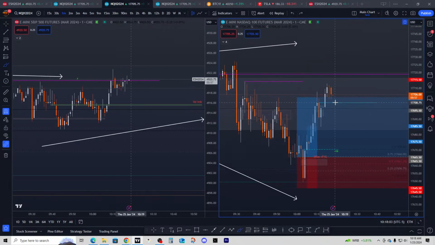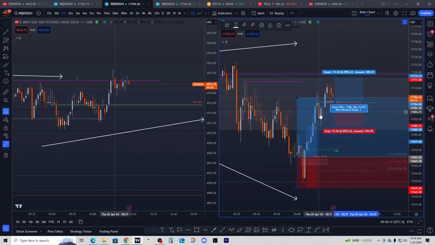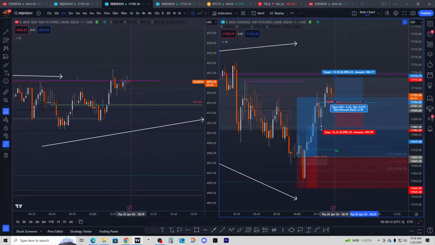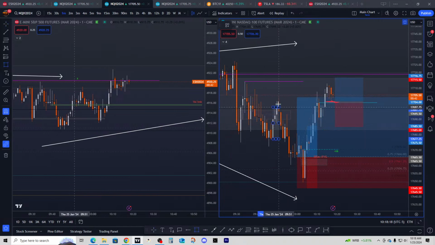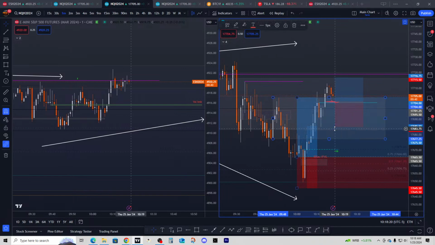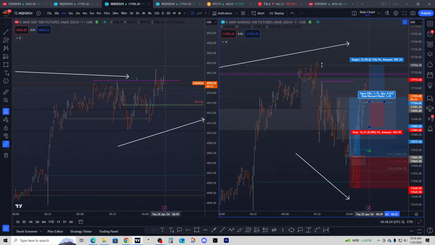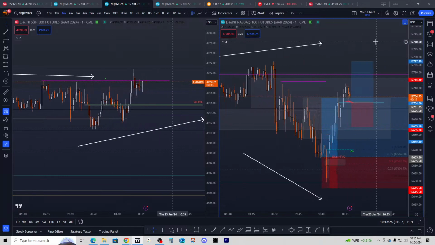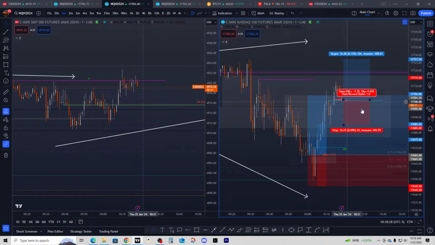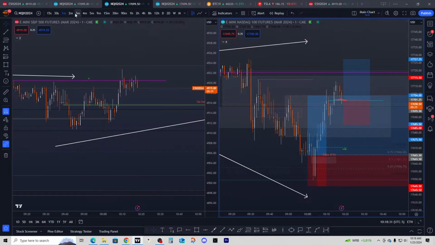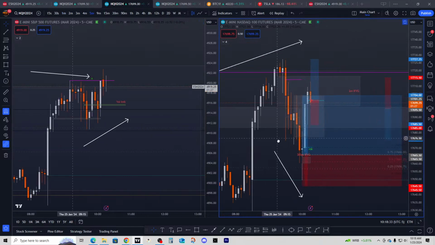So if we're going to go long here, there need to be 3 PD arrays that break to get stopped out. We would need to get below the order block. Then we would need to get below this breaker, which would be right here. And then what else could we find here that we need to get below?